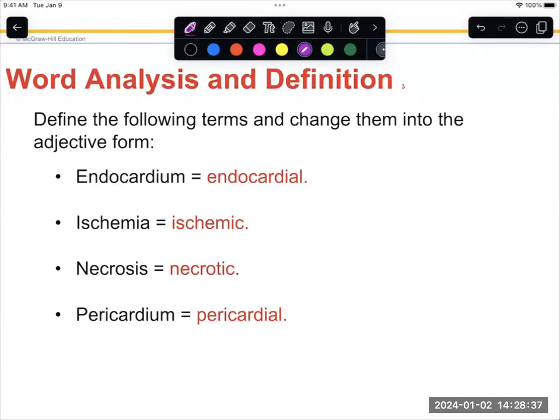Its adjective form is endocardial. Ischemia is a lack of blood supply to a tissue. Adjective form, ischemic. Necrosis is death of a tissue. Necrotic is the adjective form. And then pericardium is a membrane that covers the heart. Pericardial is the adjective form.